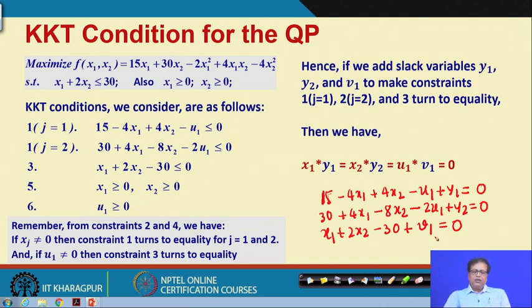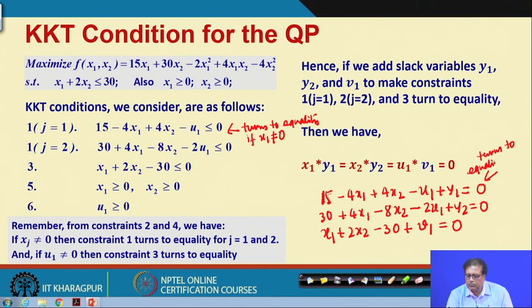But something very interesting: look here, this constraint turns to equality if x1 is not equal to 0. Again from here, it turns to equality if y1 equal to 0.